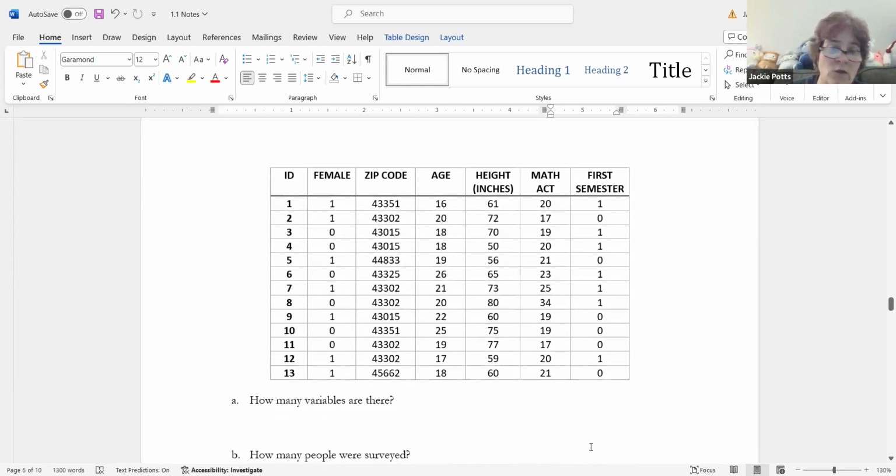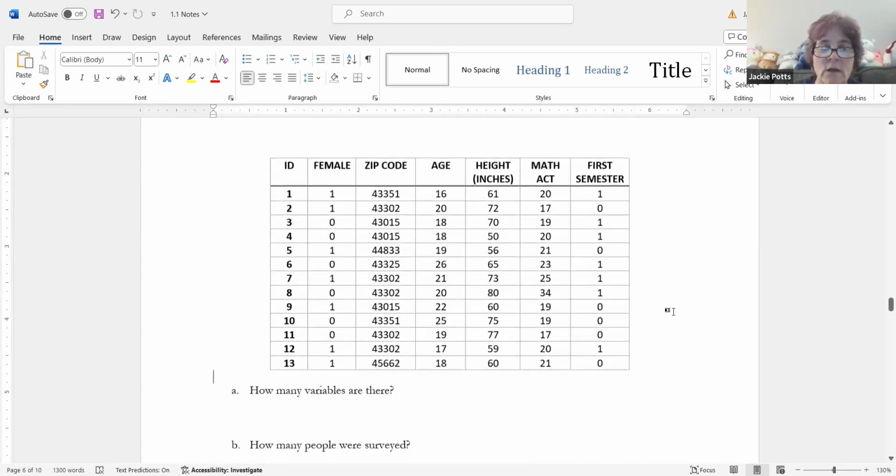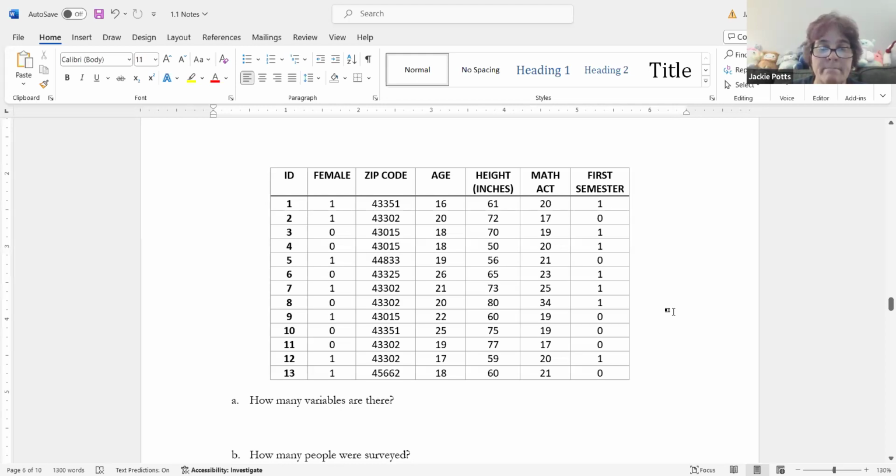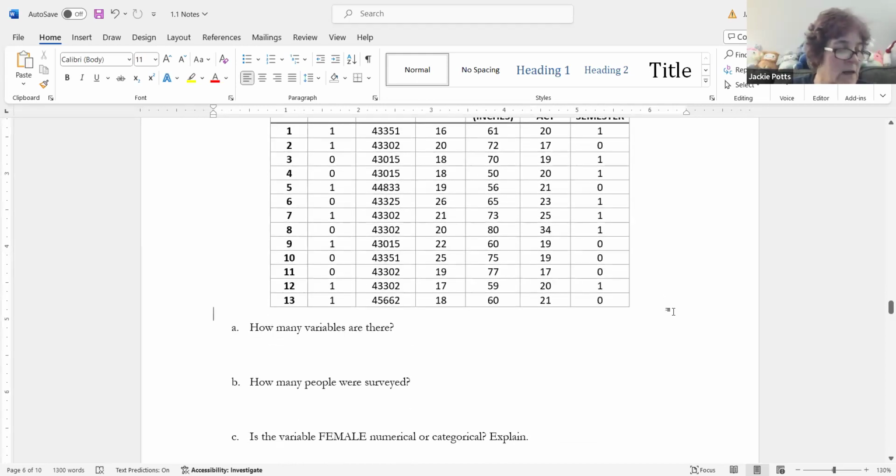So I'm giving you a data set. All right. This data set is called a stacked format. Do you see how each line represents one person and it's stacked right on top of the other? That is stacked. Now, what does unstacked look like? Well, an unstacked format is we basically take only one variable.